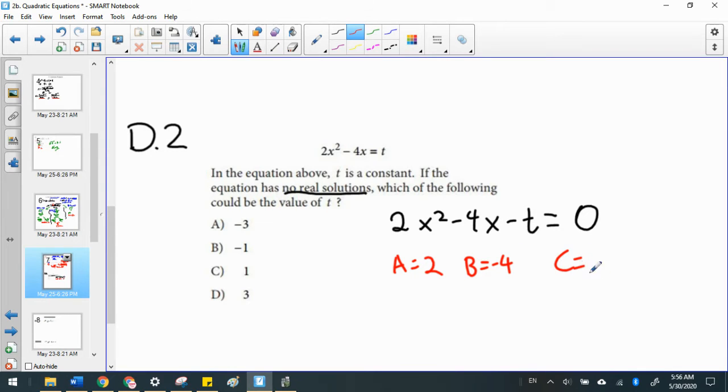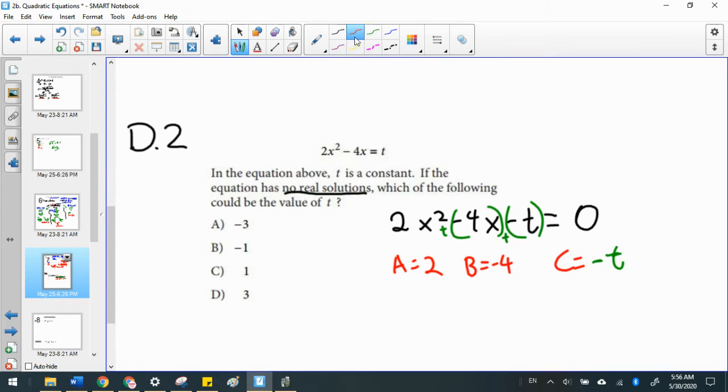And if you're not super sure whether the t is supposed to be positive or negative, think of it this way. The minus 4x I can represent as adding by negative 4x, and the negative t I can think of as adding negative t, which is why c in this case is equal to the negative version of t.